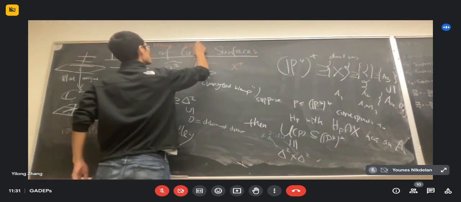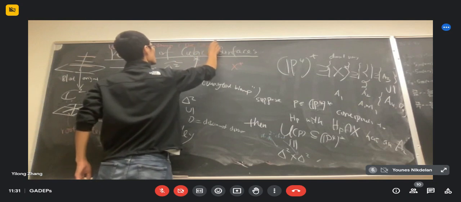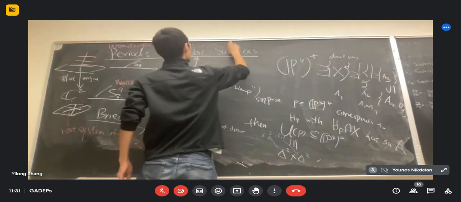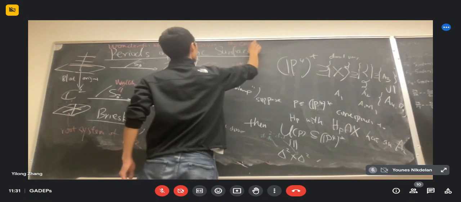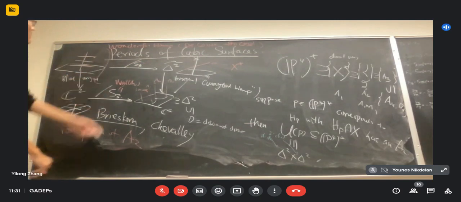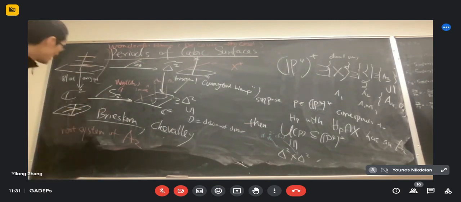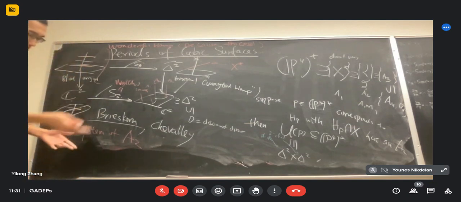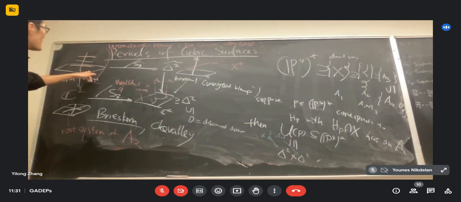It's given by De Concini and Procesi in the 80s. In general, the wonderful blow up is a log resolution of a hyperplane arrangement.